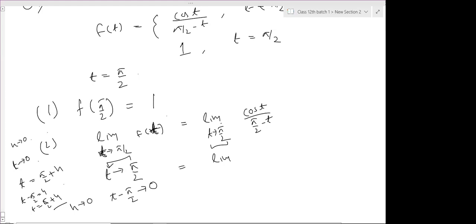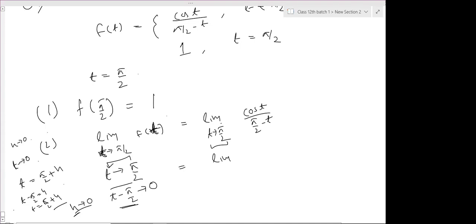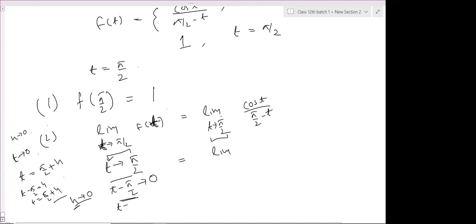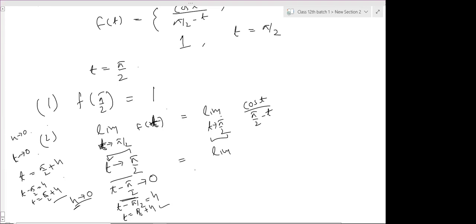Yes. So can I say t minus pi by 2 is equal to h, so t will be equal to pi by 2 plus h? Yes or no? Yes. So now this is clear.